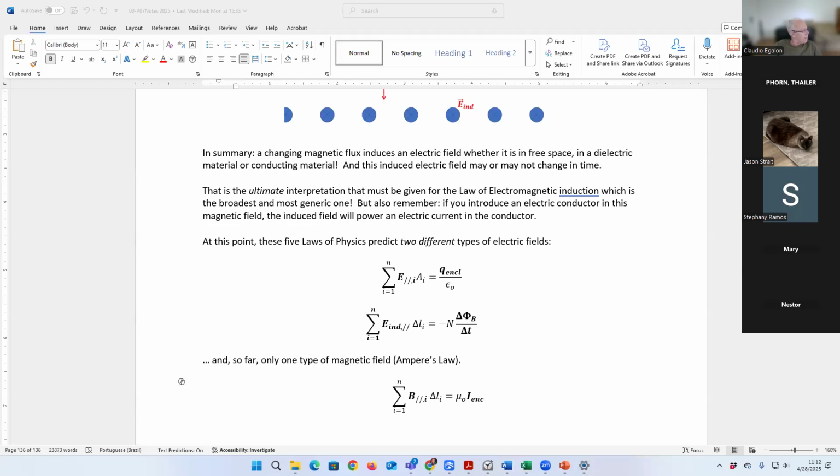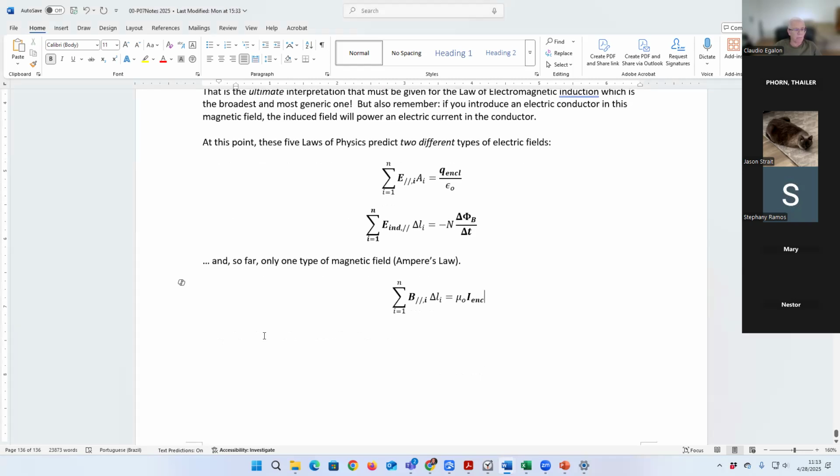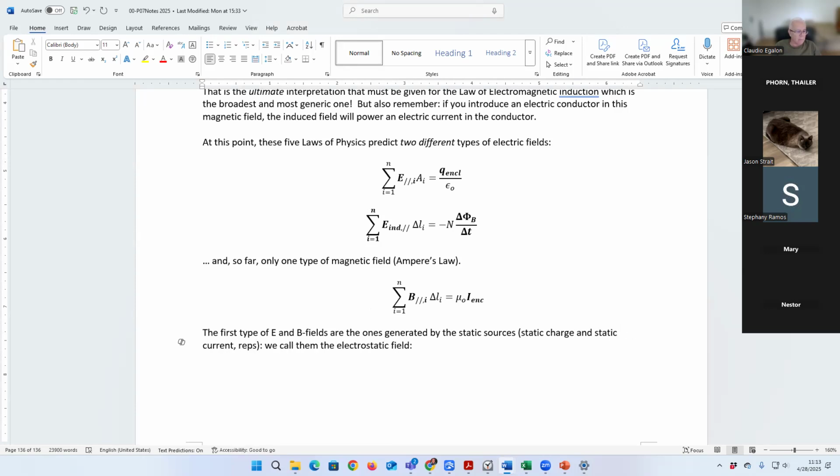The first type of electric and magnetic fields are the ones generated by static sources. Static charge and static current respectively.